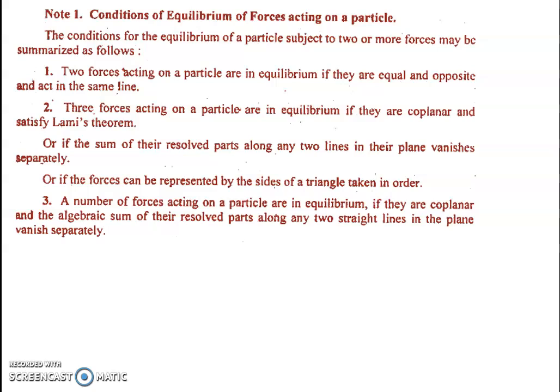Or if the forces can be represented by the sides of a triangle taken in order, that is, the triangle law. So if three forces are in equilibrium, then we have three criteria. The first one is they satisfy Lami's theorem. Second one is the sum of their resolved parts is 0. And third, the triangle law is satisfied by these three forces.